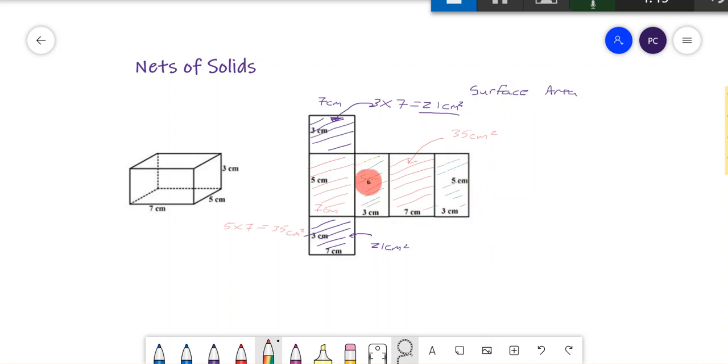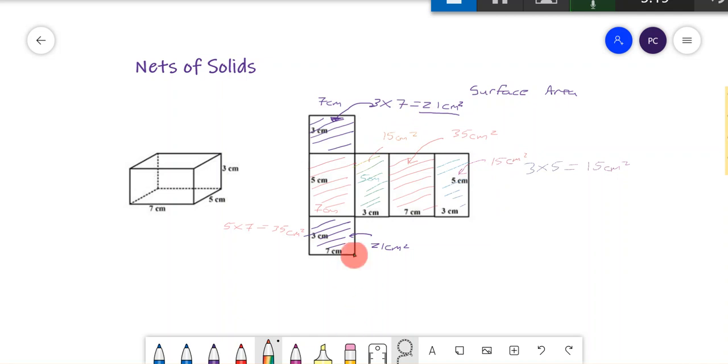So 5 centimeters multiplied by 3 centimeters is 3 multiplied by 5, which is equal to 15 centimeters squared. So if this is 15 centimeters squared, then this is 15 centimeters squared as well.